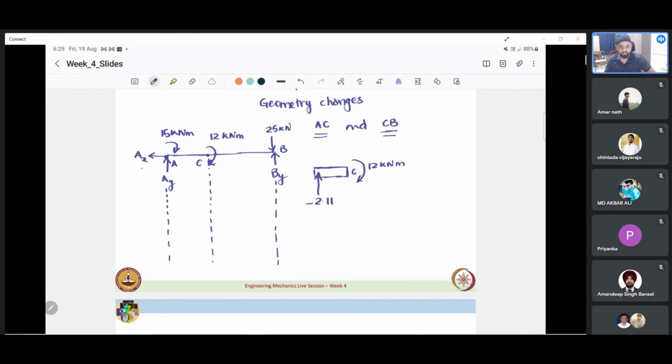Minus because I had initially taken that direction, so I'm not changing it. Ax came out to be 0. Is there anything else applied? There is a moment applied, 15 kilonewton meter.